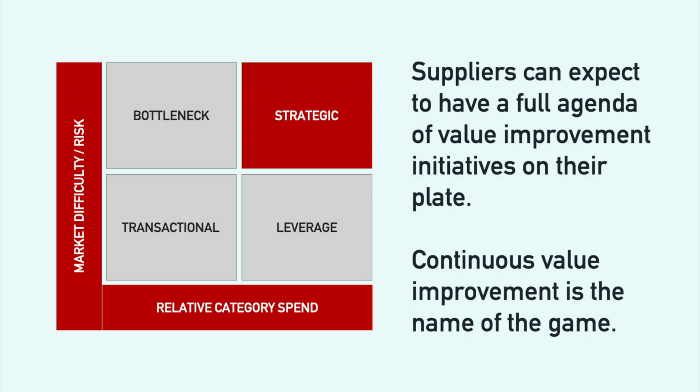The focus on value is typically strong here, although cost savings will almost always feature strongly. Suppliers can expect to have a full agenda of value improvement initiatives on their plate. Indeed, continuous value improvement is the name of the game in relationships that fall under the strategic classification.